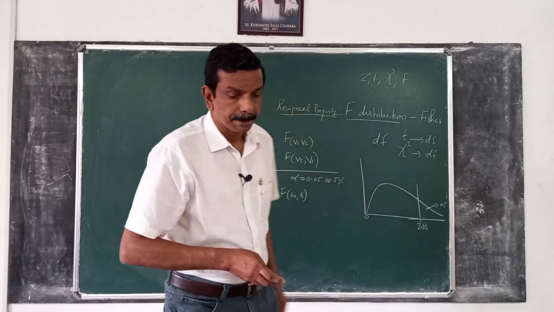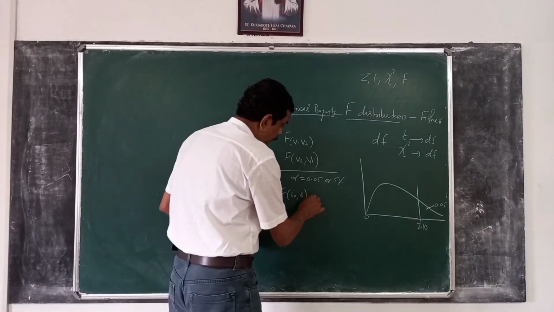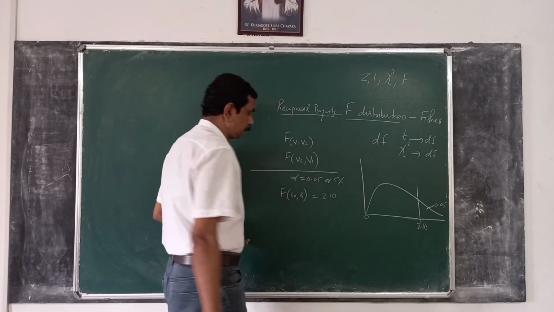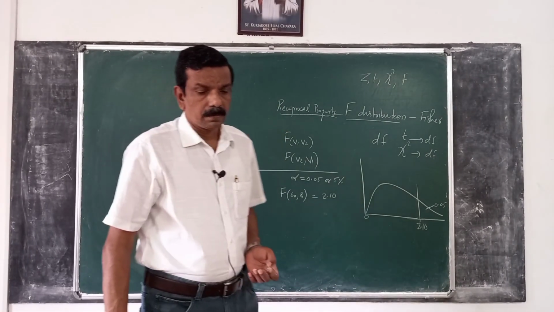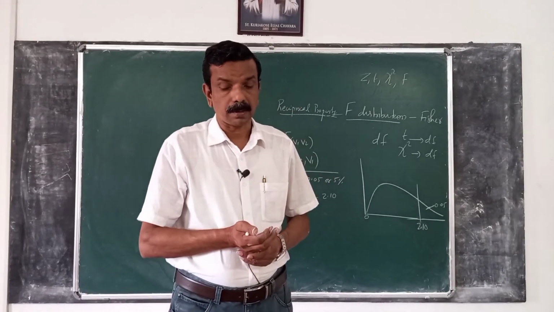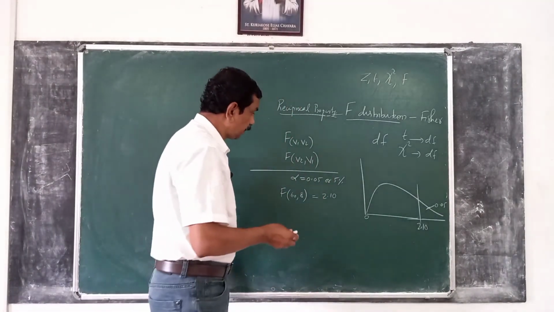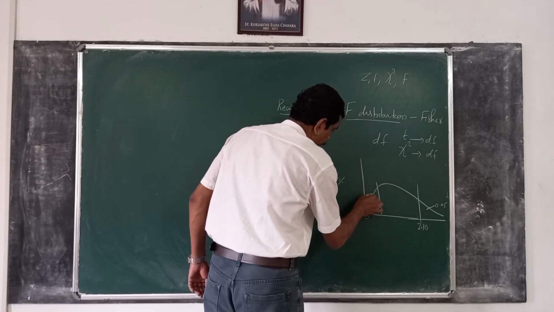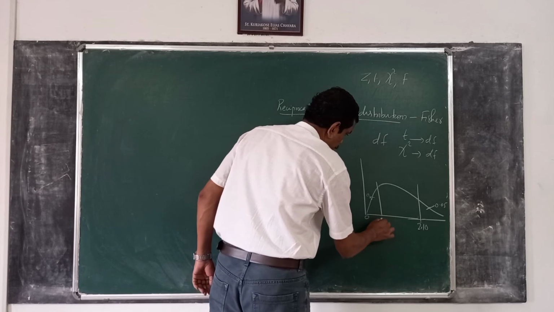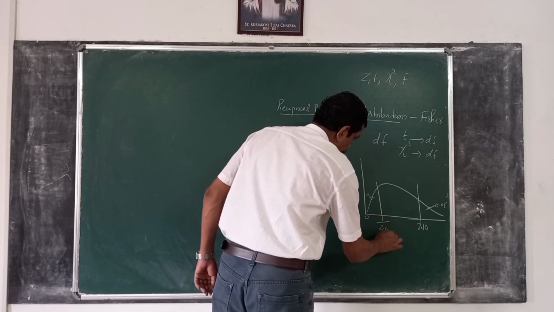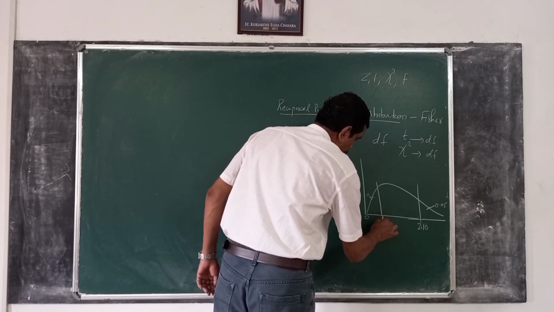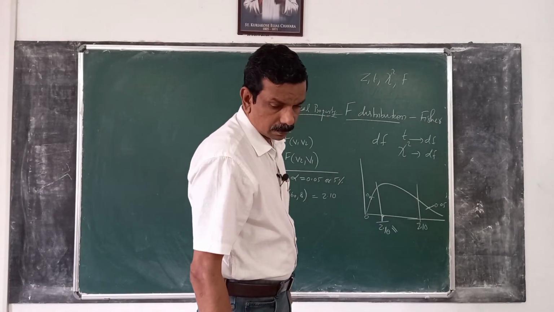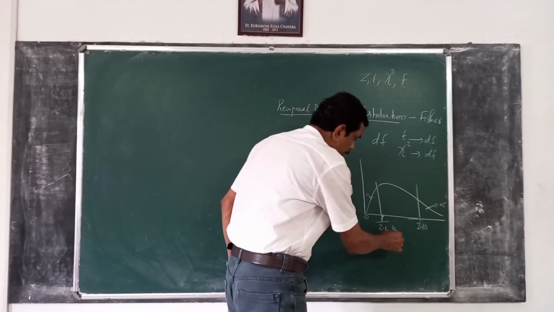Now, what is the reciprocal? To the left, 0.05 to the left is 1 by 2.10, that is equal to 0.48.